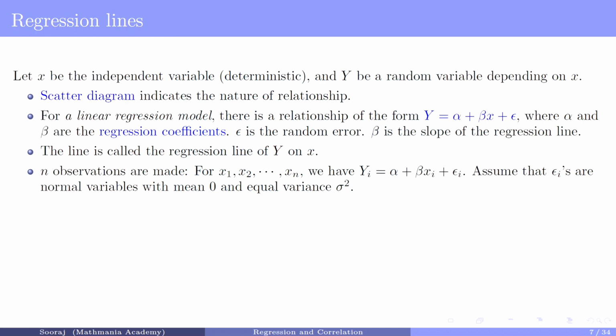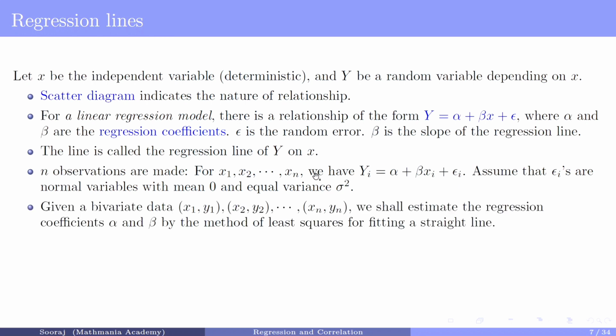Here, the random errors are assumed to be normal variables with mean 0 and variance sigma square. All the random errors, no matter how many we have, we expect everything to be normal variables with mean 0 and equal variance sigma square. Using the bivariate data through the method of least squares, we estimate the coefficients alpha and beta.